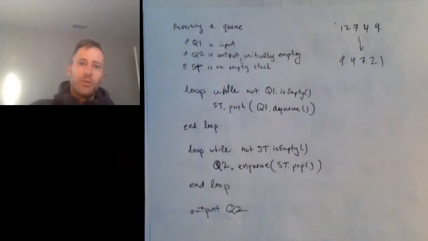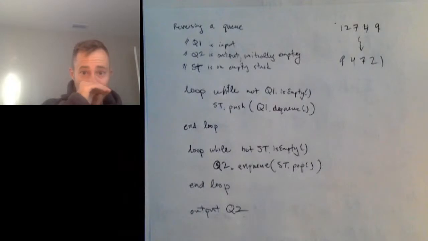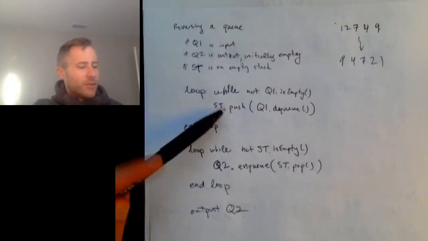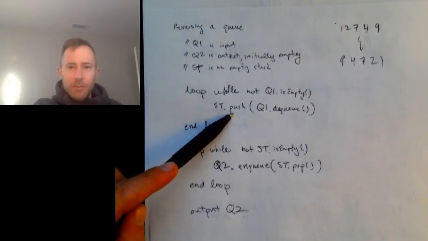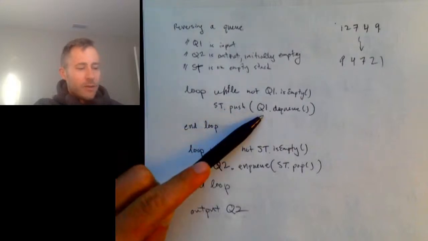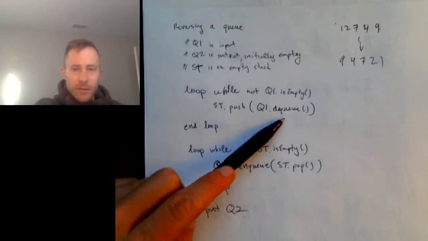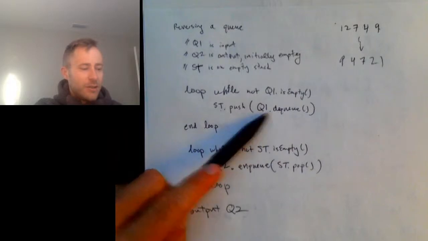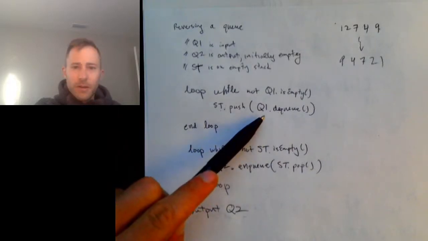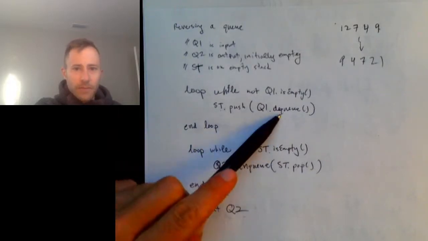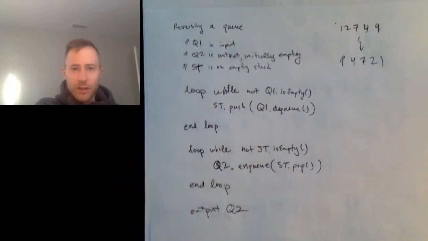Basically I'm going to go through the entire queue until it's empty, and I'm going to dequeue Q1 and push the front element onto the stack.